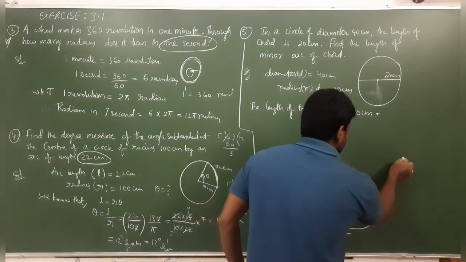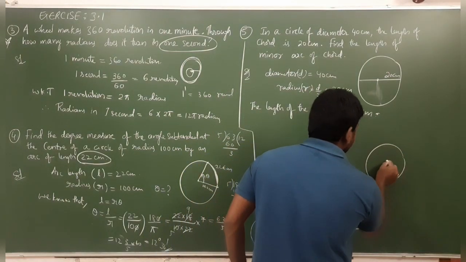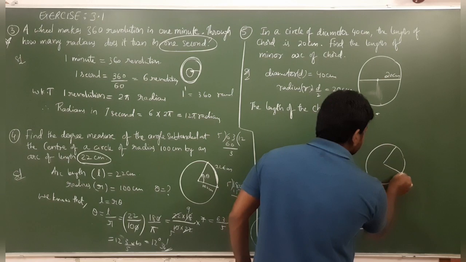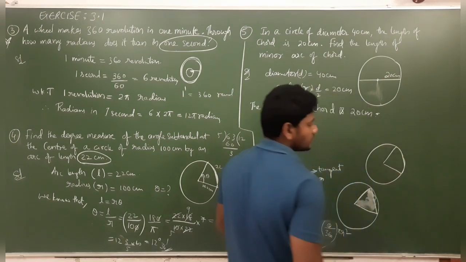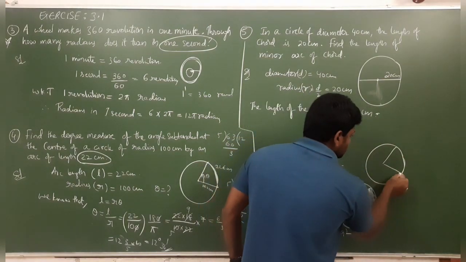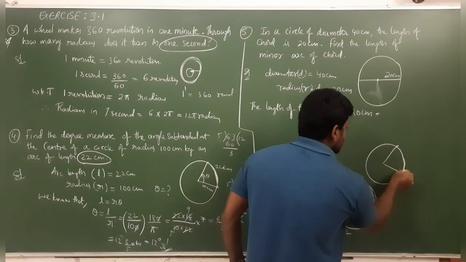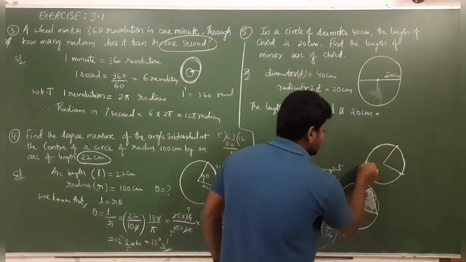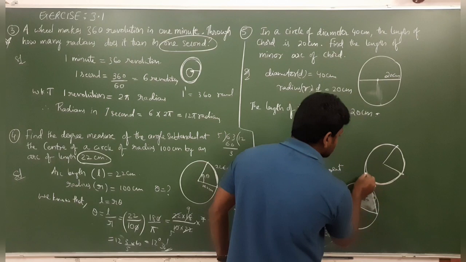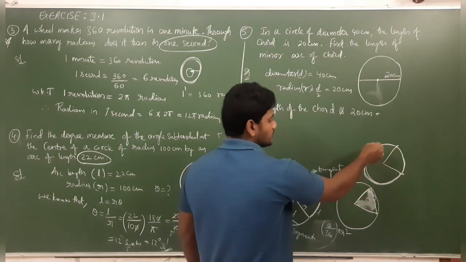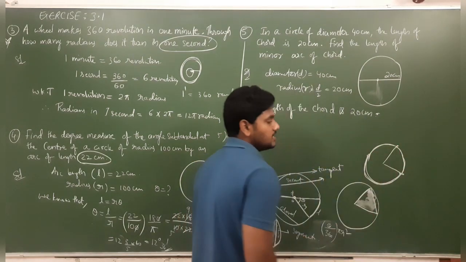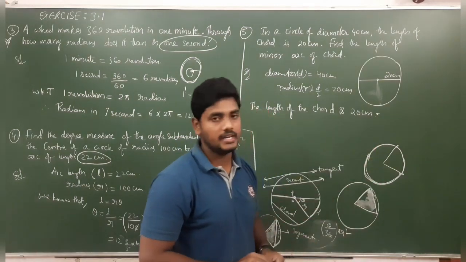For example, see guys, if it is a circle, if it is a sector, this part we will consider as minor arc, and this longest part of the circumference we will consider as major arc.